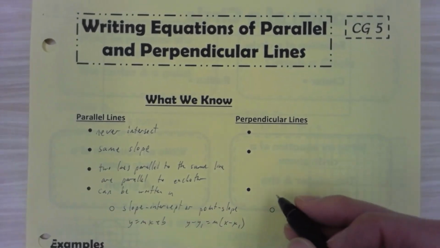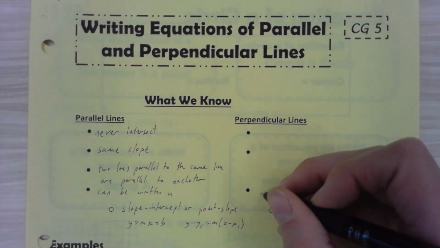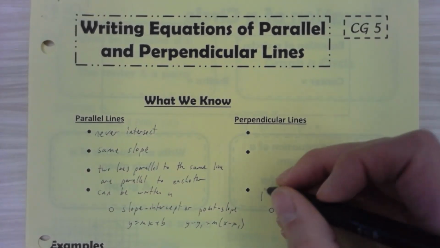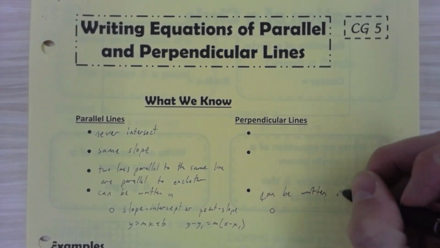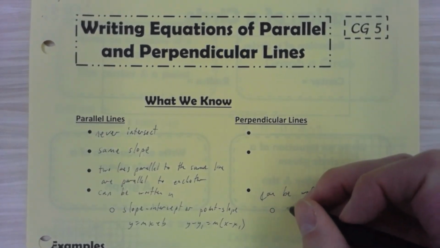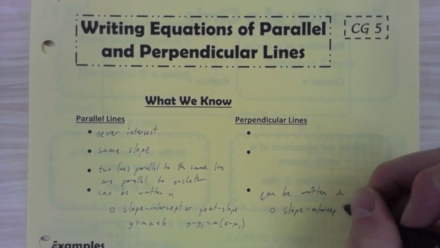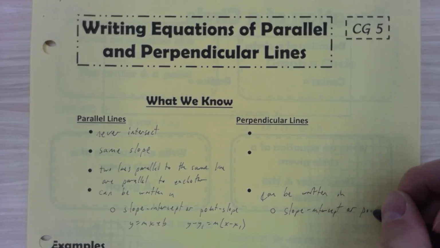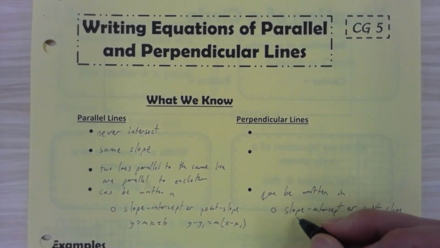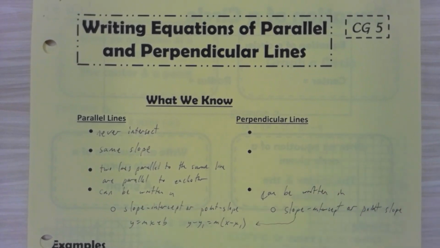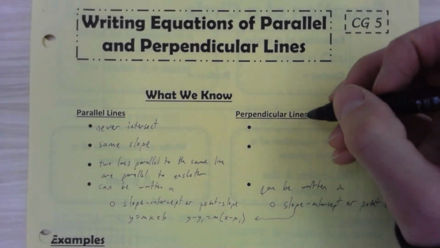The same thing is true for perpendicular lines. They can be written in slope-intercept or point-slope. So those equations over there.